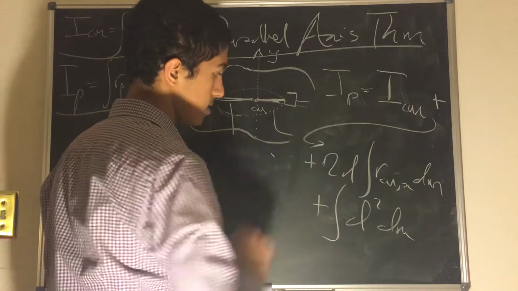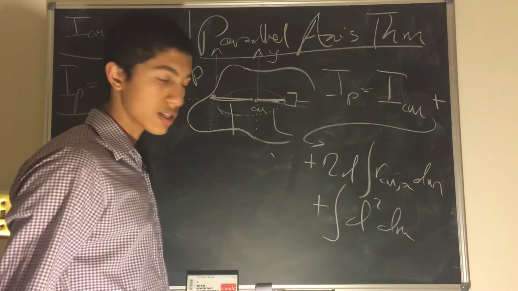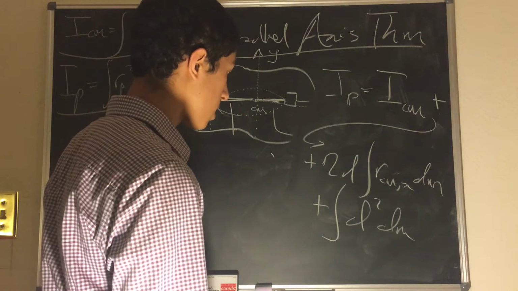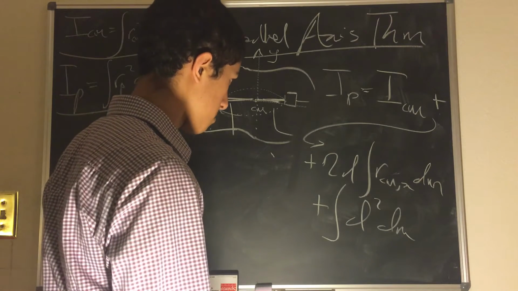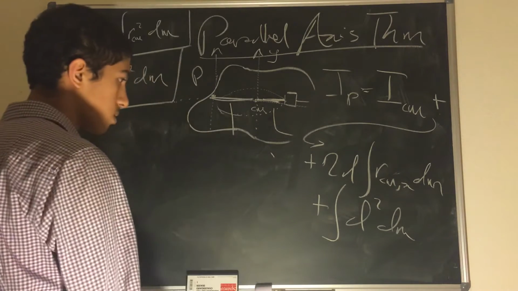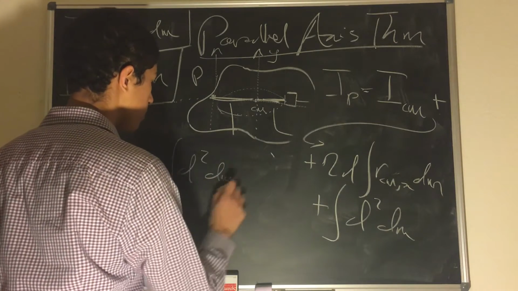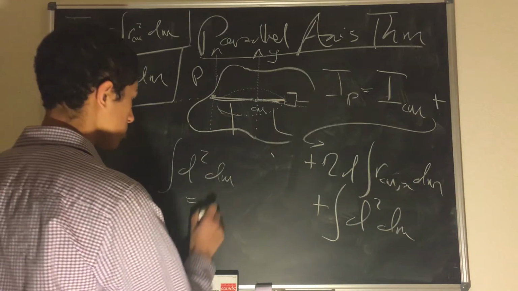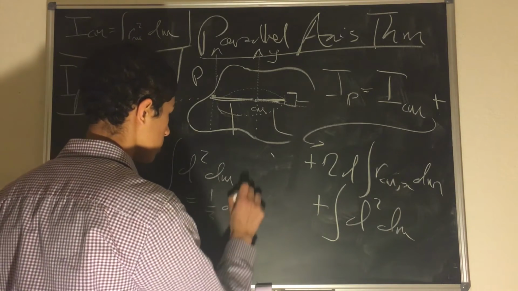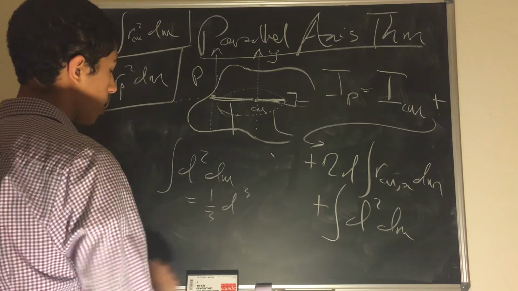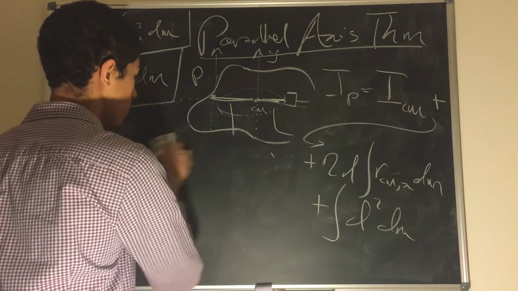We'll get back to this term, but let's evaluate this last term first. So plus the integral of d squared dm. Wonderful. So the integral of d squared dm is simply equal to one third d cubed. Oh, no, my apologies.